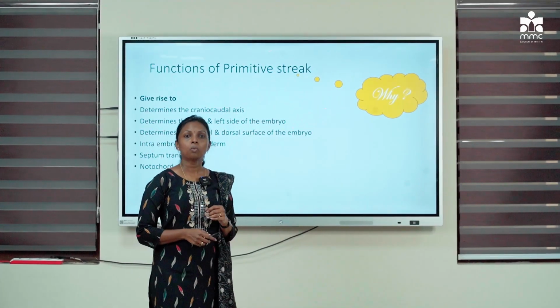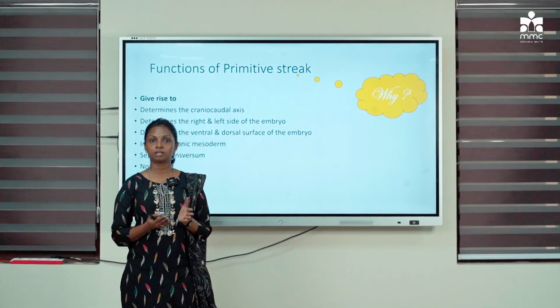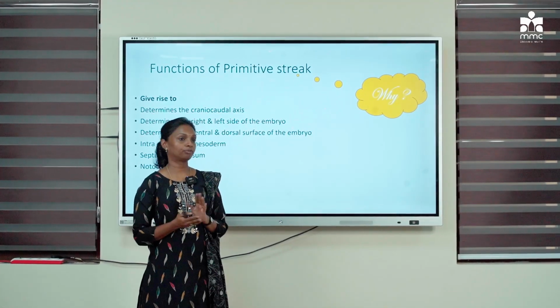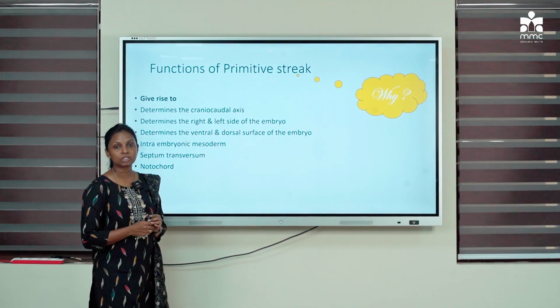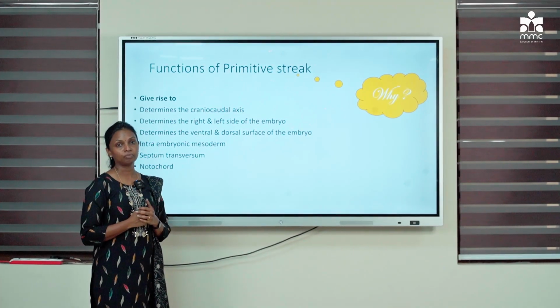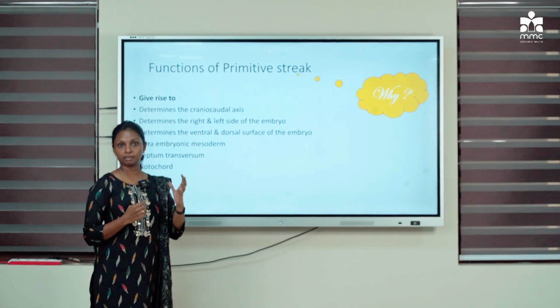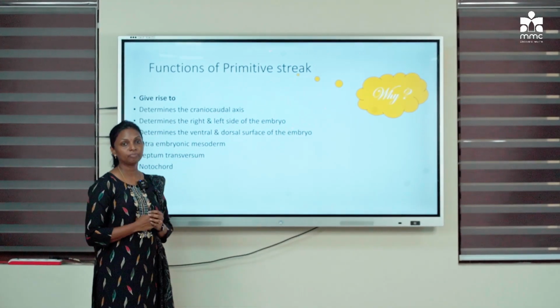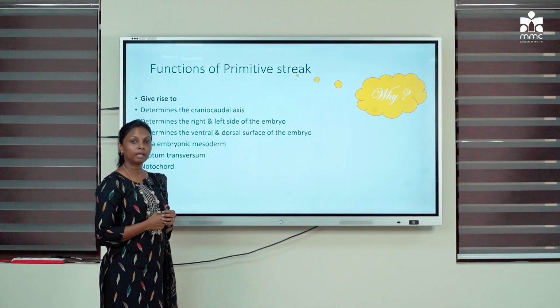So, now why has this primitive streak developed? What is the fate of it? It is going to help in determination of the craniocaudal axis of the embryo, which will help in determining where the head region is going to develop, where the lower limb is going to develop. It also determines the right and left side of the embryo.